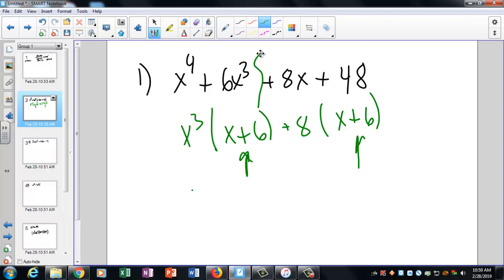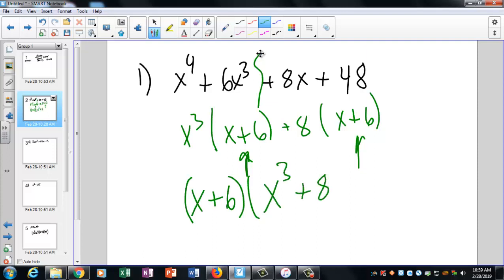When those are the same, you take out the x plus 6, and you get x cubed plus 8. Now, any time you get a binomial, meaning there are 2 terms, if the number on the x or the y or the z is not a 1, let's suppose it's a 2 or a 3 or a 4 or a 5, any number other than 1, that needs to be an immediate red flag.